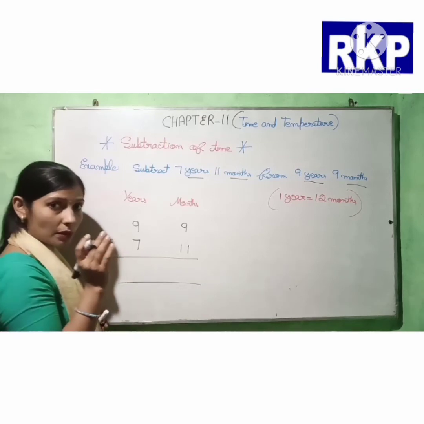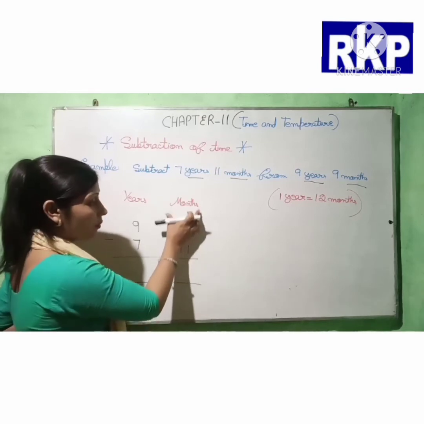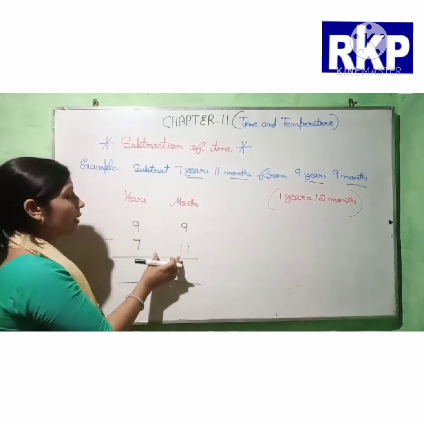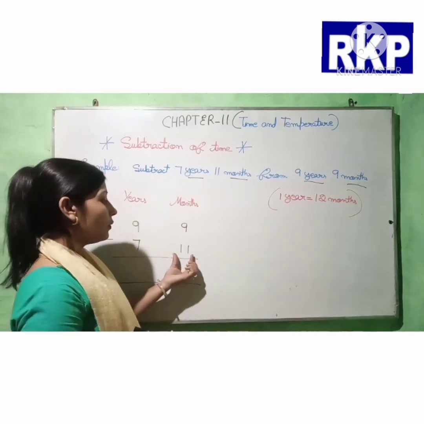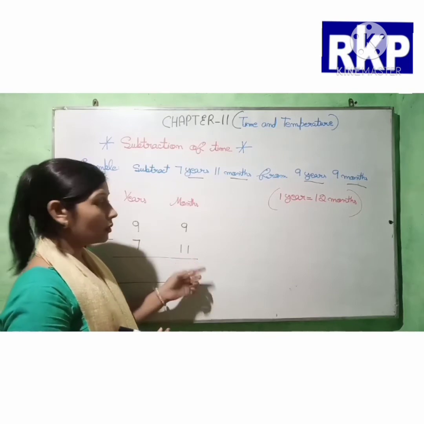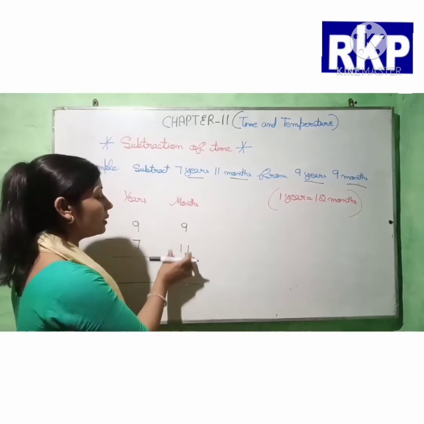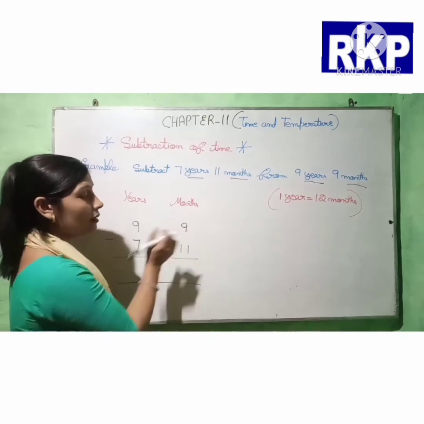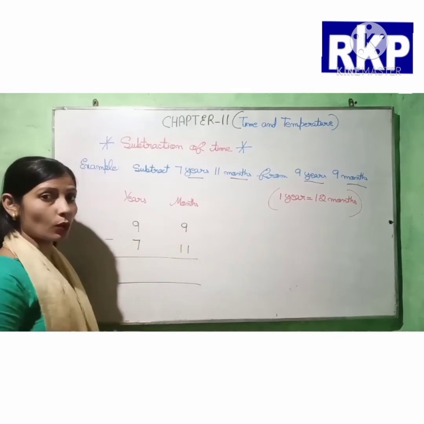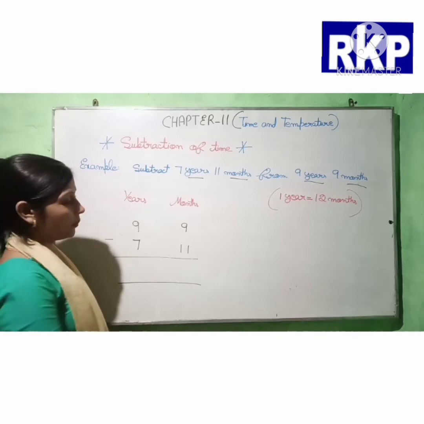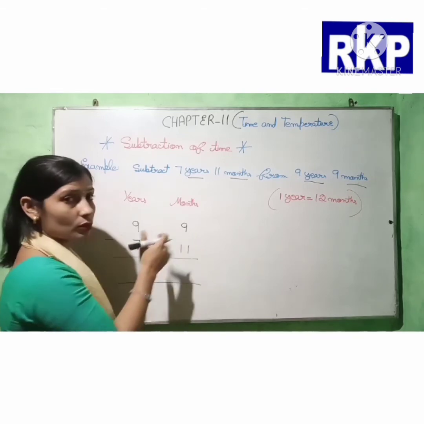We have to subtract months first and then we have to subtract years. Here we have to subtract 11 from 9. But 11 is greater than 9. So we cannot subtract 11 from 9. So what will we do? Yes beta, here also we need to borrow.